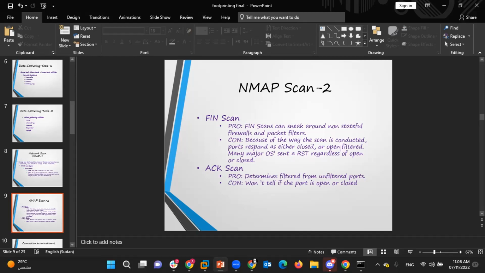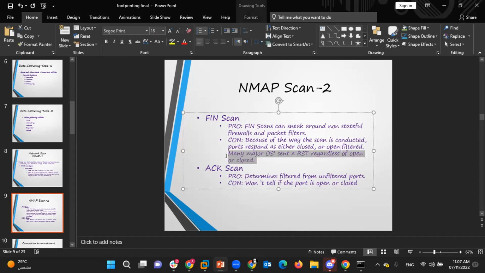If the port is open, filtered or closed, okay, this is the cons. Many systems send a RST regardless of open or closed. It's a problem.